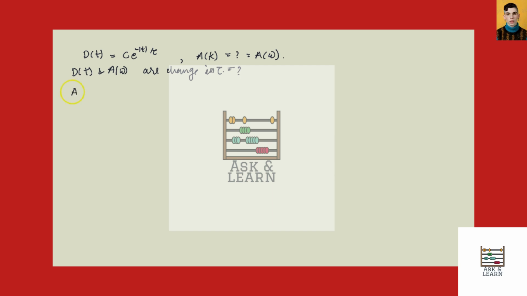First, for the transform, the formula we will be using is A(k) equals 1 by 2 pi integration from minus infinity to plus infinity f(x) e to the power minus ikx dx.